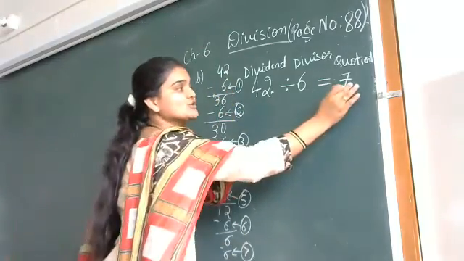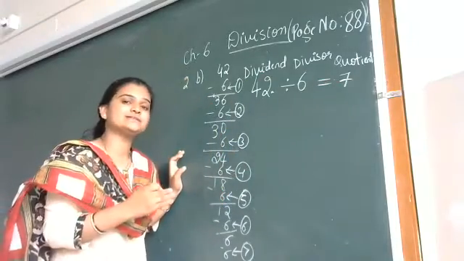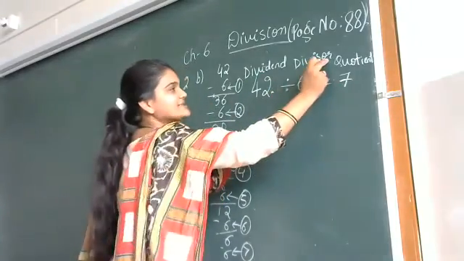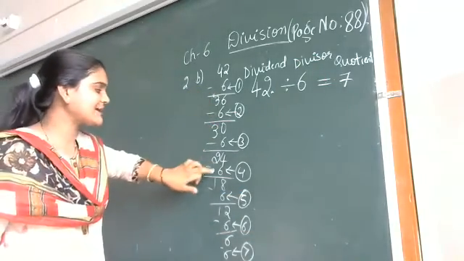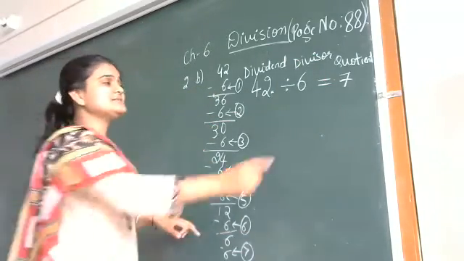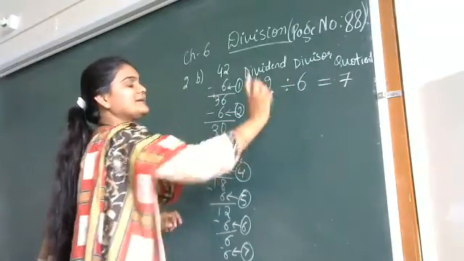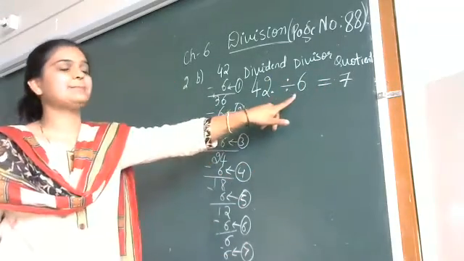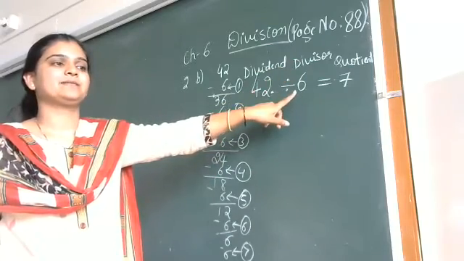That will be our quotient. The number we are subtracting continuously will be our divisor. Here, the number 6 is undergoing subtraction. How many times? 7 times. Which number is undergoing repeated subtraction? It is number 6. 6 is our divisor.